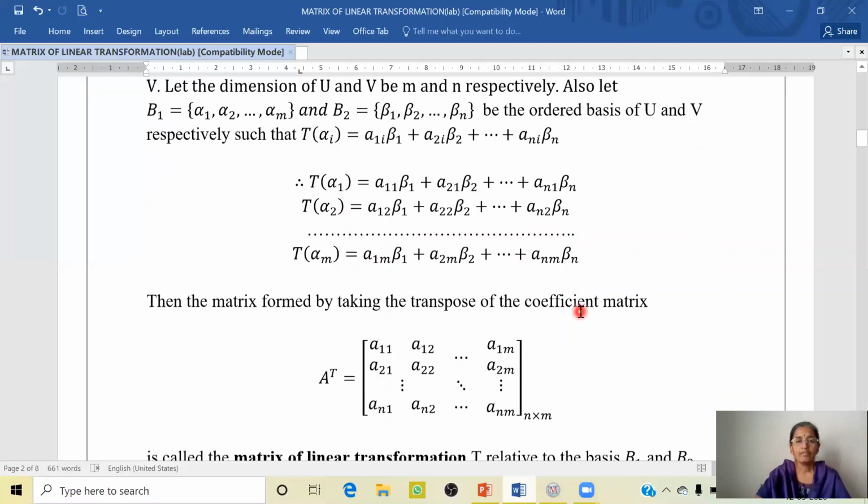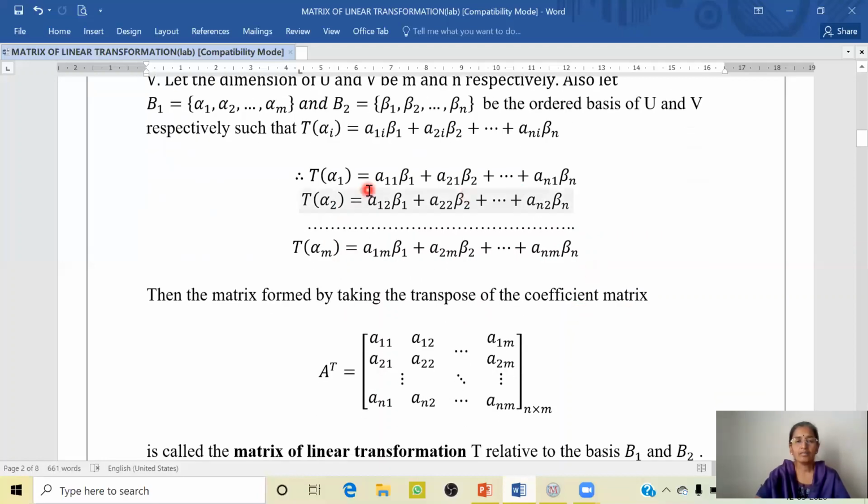So let us consider the linear combination for T of alpha 1, and from there we take the coordinate vector which consists of all the scalars a11, a21, ..., an1, and put it in the first column of a matrix.